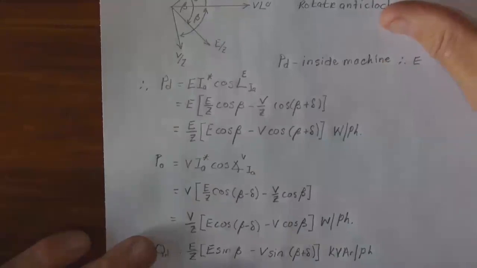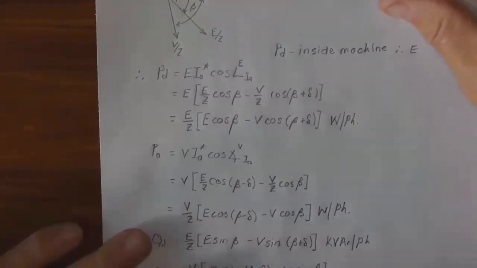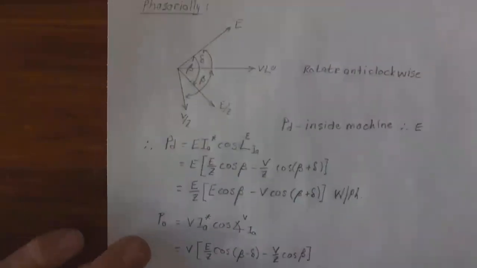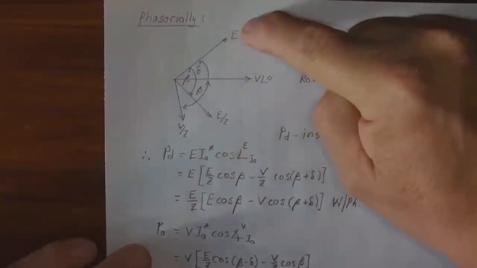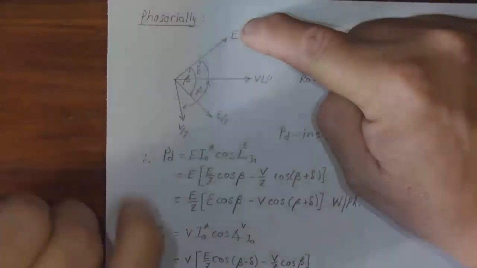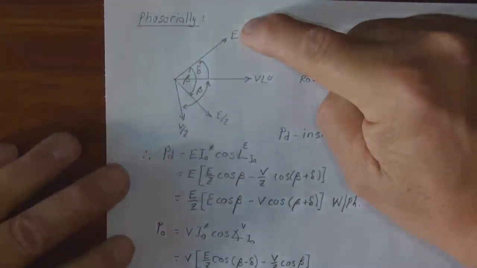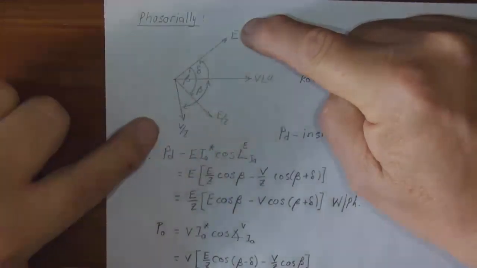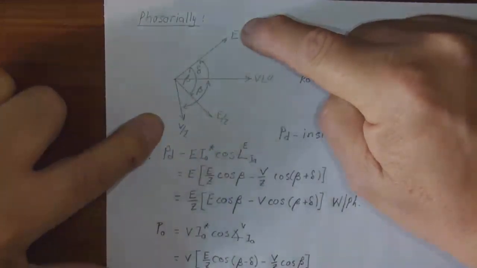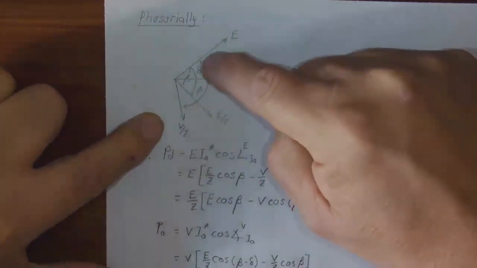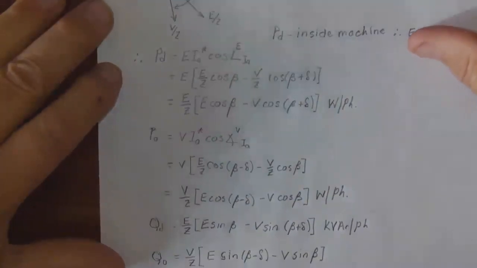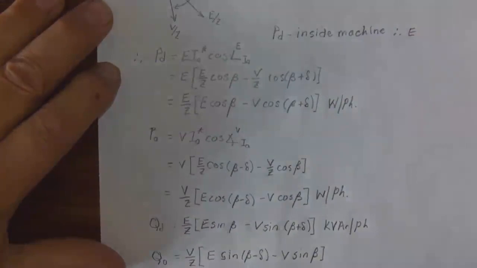So P developed is E times IA cos of the angle between E and IA. Now, first of all, let's look at E and rotate anticlockwise. The first thing that we get is E over Z cos beta, and then V over Z cos beta plus delta. So we have E over Z times E cos beta minus V cos beta plus delta watts per phase.